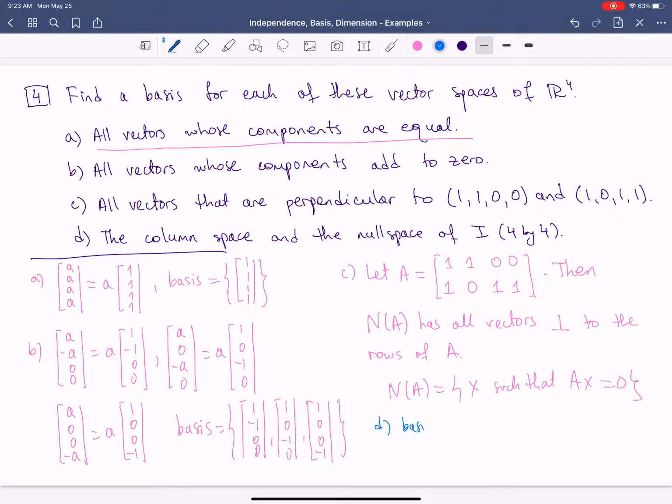So the basis for the column space of the identity matrix would be just the columns of the identity matrix.